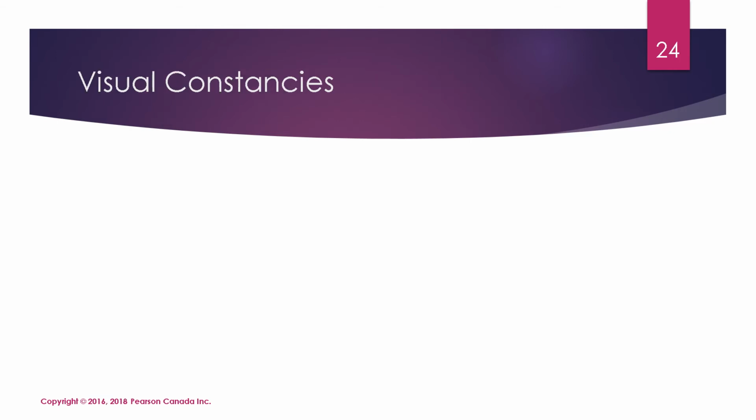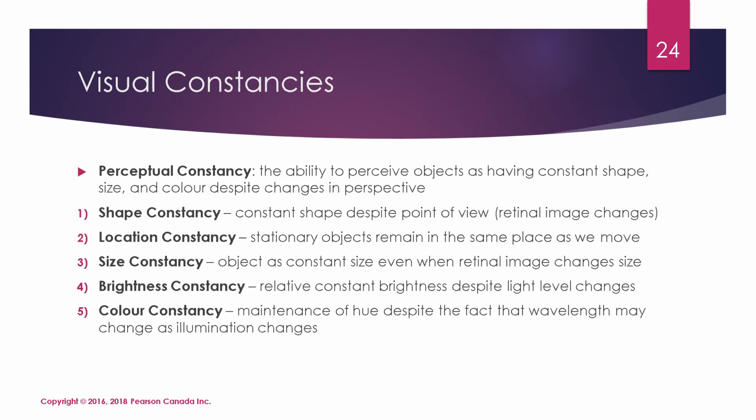So now we're going to talk briefly about something called visual constancies. Perceptual constancies in general refer to the ability for us to perceive objects as having a constant shape, size, and color despite changes in our perspective.